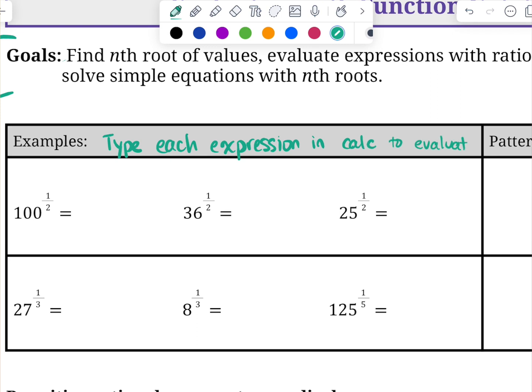All right, so I want you to take a moment, pause the video, and evaluate each of the expressions that are in these rows, okay? So take a moment, hit pause, and then when you come back, I will tell you what the answers are.